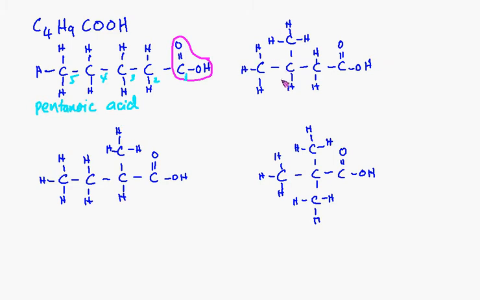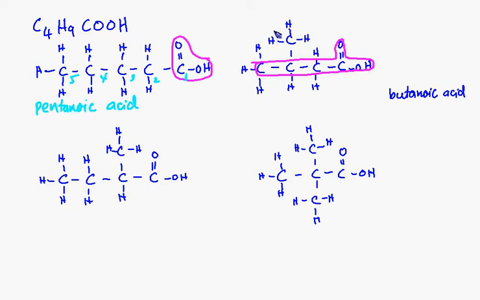Now for this isomer, we should take the longest carbon chain containing the functional group, which is this, or this. So there are 4 carbon atoms in the longest carbon chain containing the functional group. So the name for this root is butanoic acid.